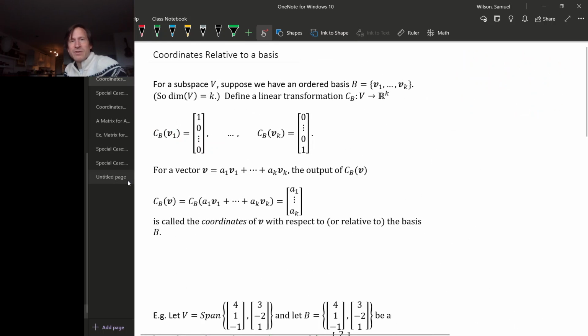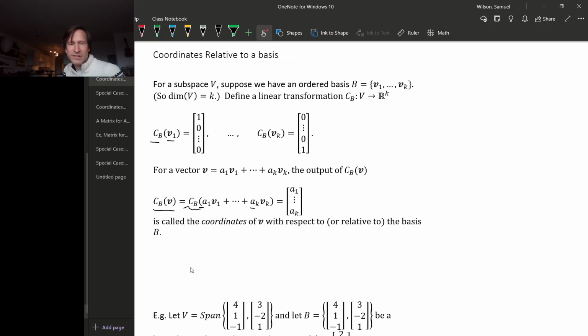So that's the idea with this coordinate transformation. It's defined by our coordinate transformation applied to any of the v's being just the vector that has a 1 in the corresponding entry. And this is the linear transformation that just picks the coordinates off of your linear combination.